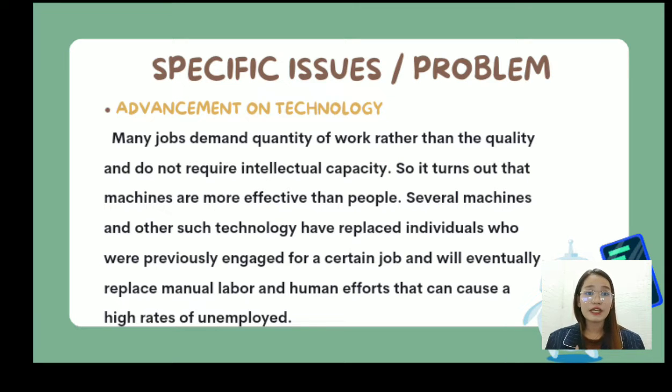Katulad ngayon sa moderno nating panahon, karaniwan sa mga pabrika, sa mga company, mas prefer na nila na gumamit ng AI o artificial intelligence para mas mapadali yung gawain, kesa mag-hire ng mga tao na gagawa ng gawain. Katulad po ng sa calendar making.